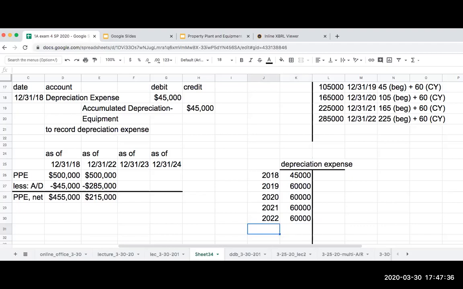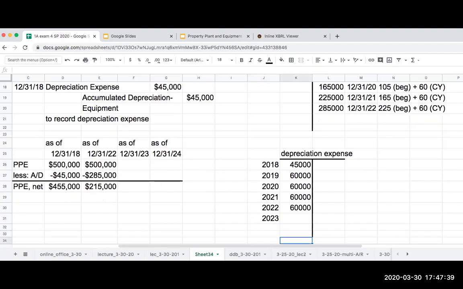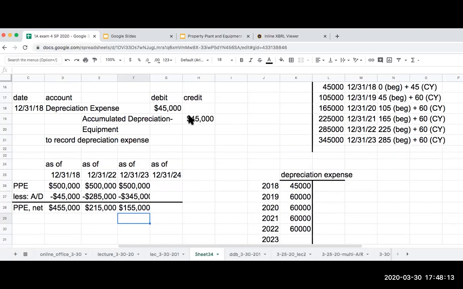But when I get to 2023, I'm in an interesting dilemma, because let's just do this for fun, 12/31/23, what if I did $285,000 beginning plus $60,000 for the current year? That would give me $345,000. If I continue to depreciate it, my property, plant, and equipment net will be $155,000. This is the problem I am running into.